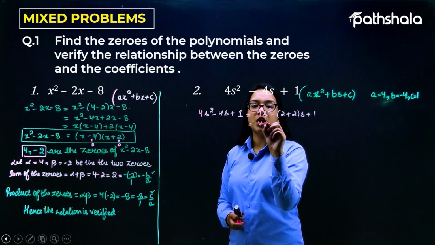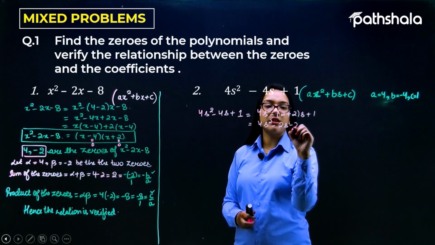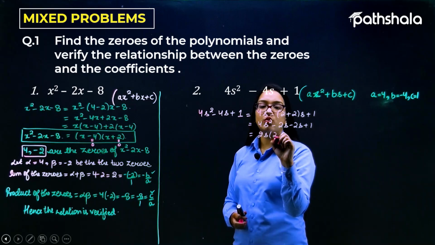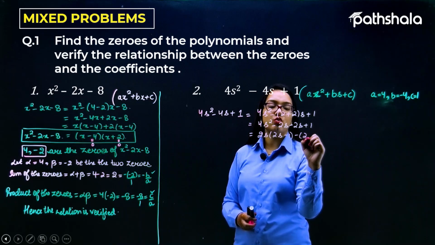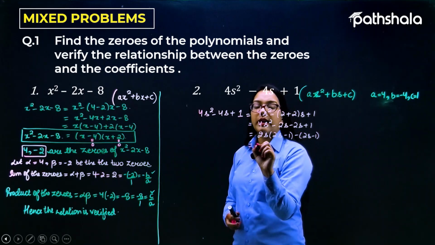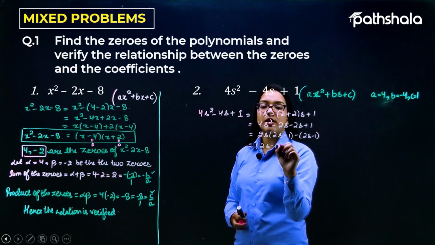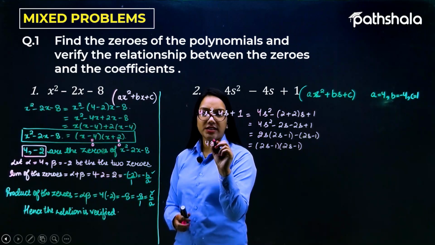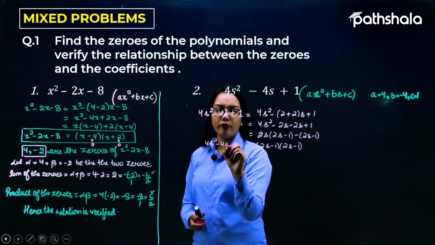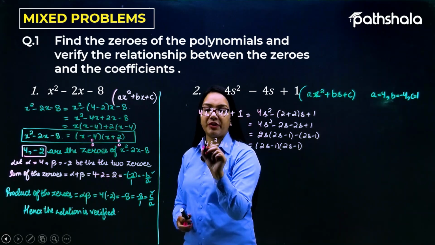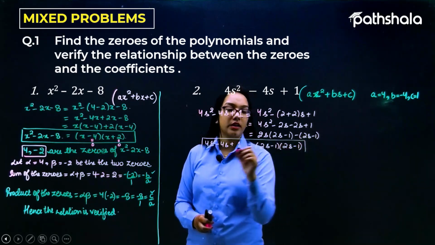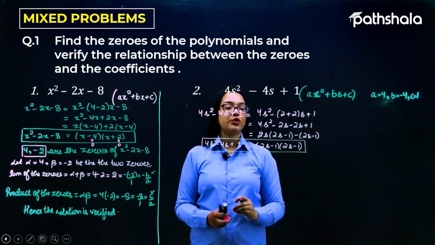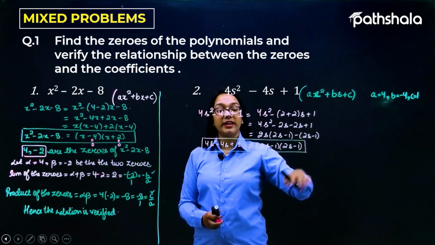Further, we can write it as 2s minus 1 into 2s minus 1, and hence at the end we can write it as (2s minus 1) into (2s minus 1). It means the factors of 4s square minus 4s plus 1 are nothing but (2s minus 1) into (2s minus 1).